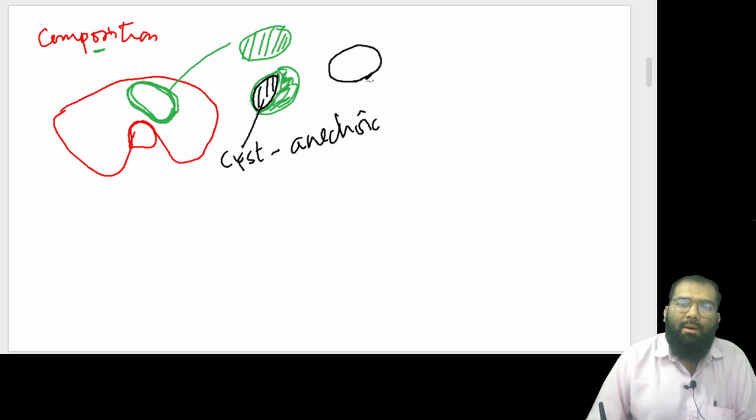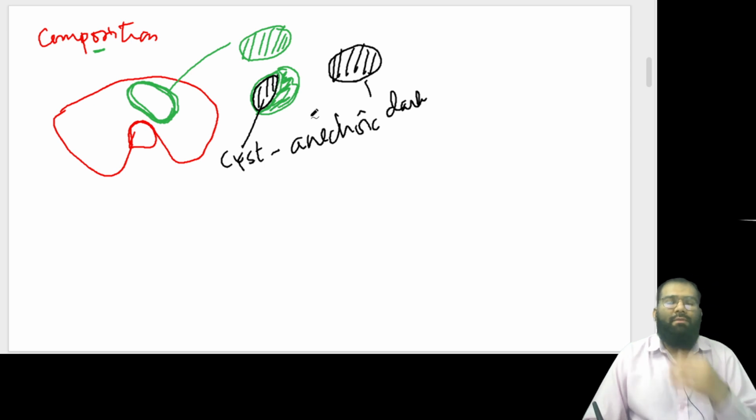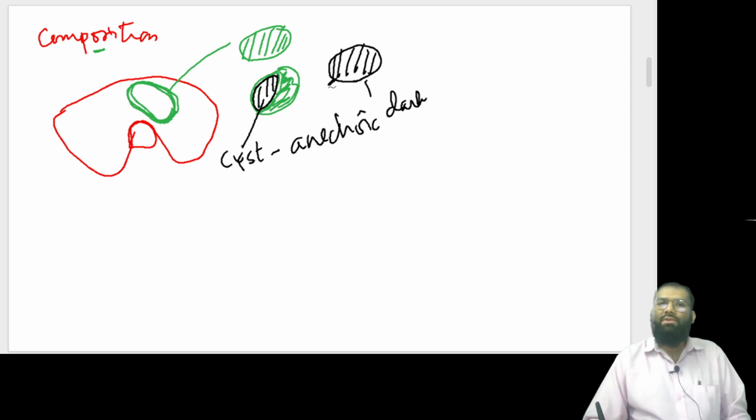Anechoic means it will be completely dark. And a very important physical phenomenon associated with cysts is that if you see a cyst, then just posterior to the cyst you will see increased intensity of ultrasound.